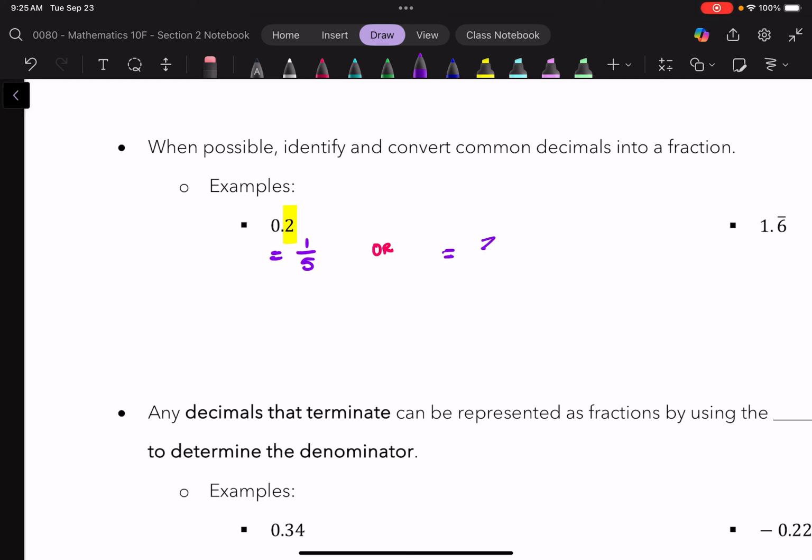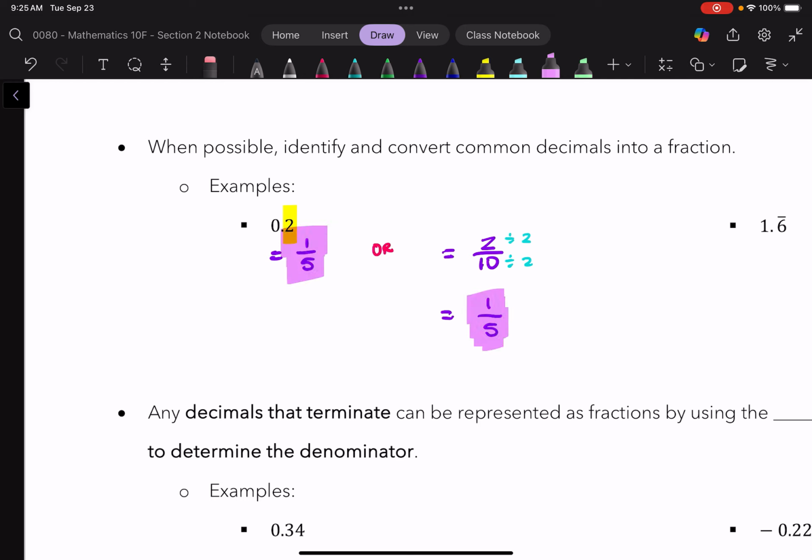Now notice how this fraction 2/10 can be simplified. And I can simplify it by dividing both the numerator and denominator by 2. And I end up with 1/5. Now you'll notice these two answers are identical. And they should be.